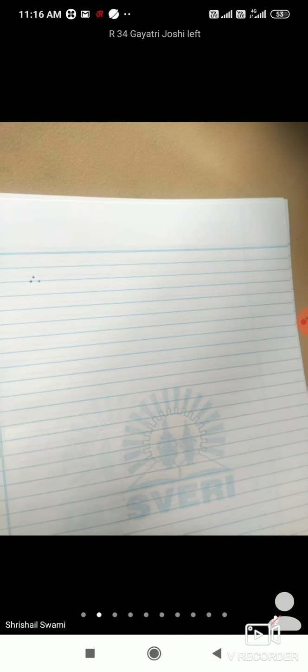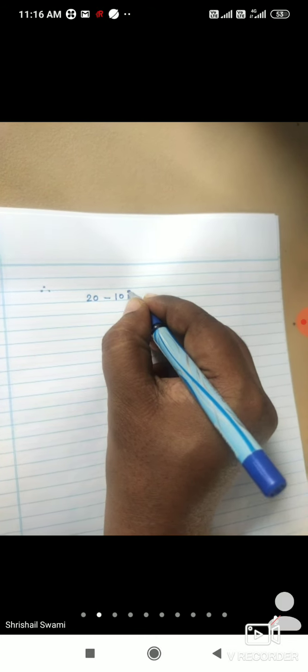Then ensure that you apply the KVL in a clockwise direction. Whatever may be the direction of current, you have to start the KVL equation in a clockwise direction. The start point should be the end point also. So minus 20 plus 20, keep 20 as it is, plus 20. Next minus R into I, that is 10 into I. Next minus 1 upon C integration of I dt.